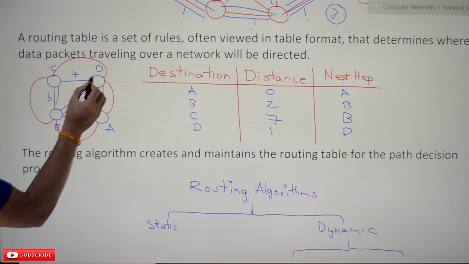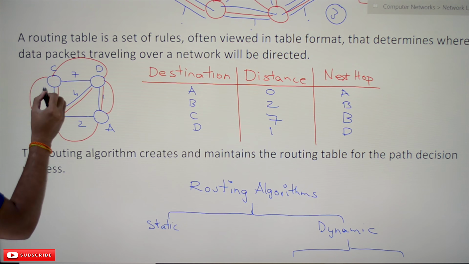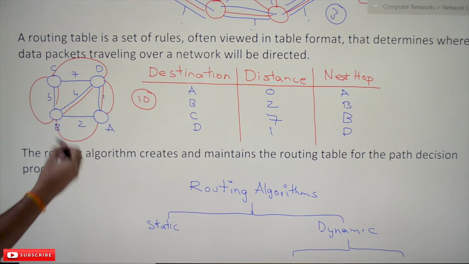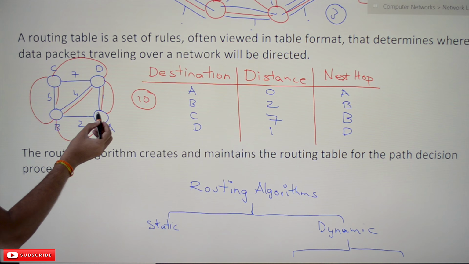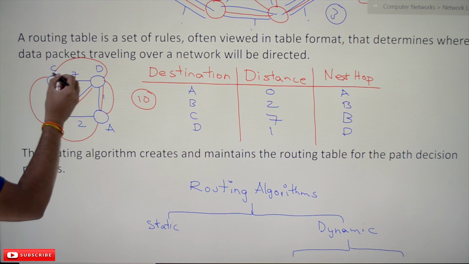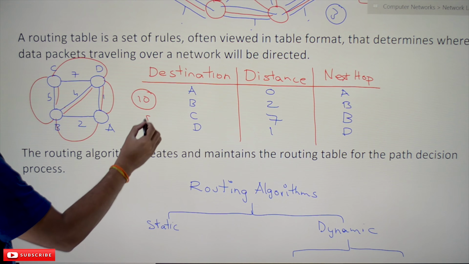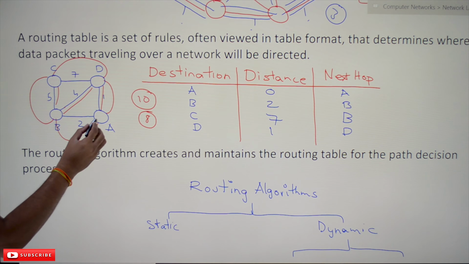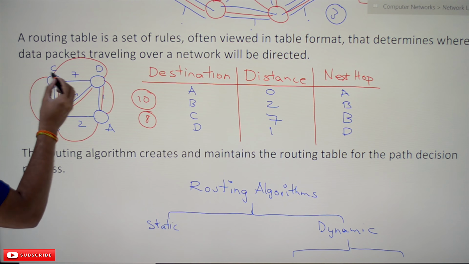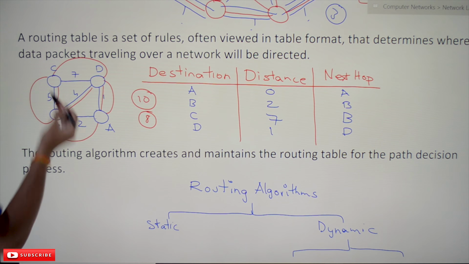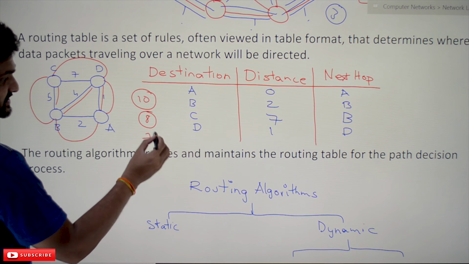It is 1 plus 4, 5, 5 plus 5, 10. One of the paths is taking 10 distance, and A to D and D to C, it is 1 plus 7, 8. The other distance is 8, and the other one is A to B and B to C. A to B is 2, from B to C it is 5, so the total distance is 7.